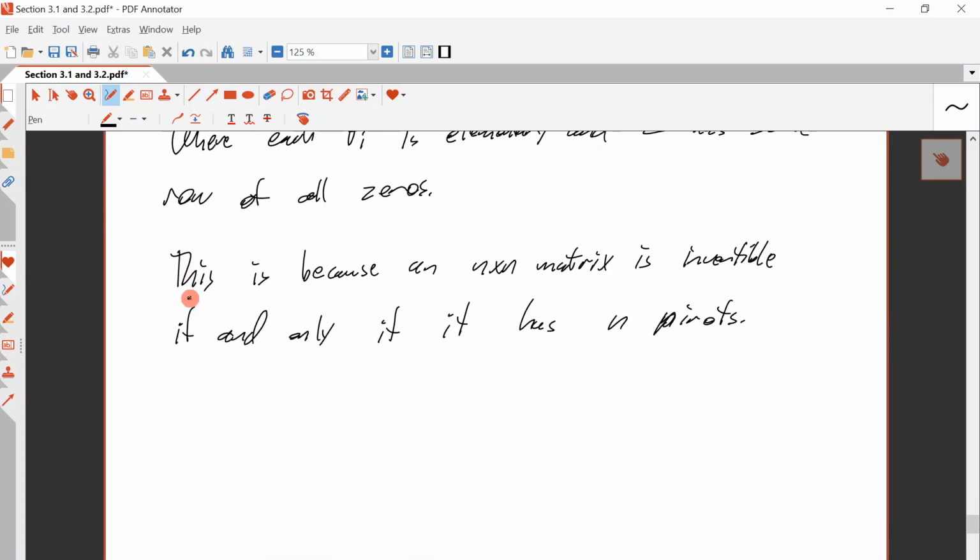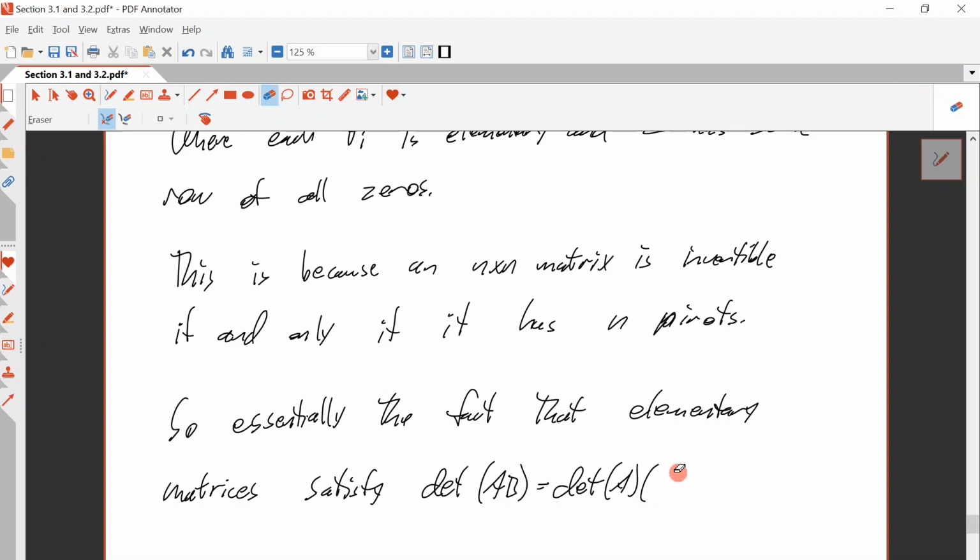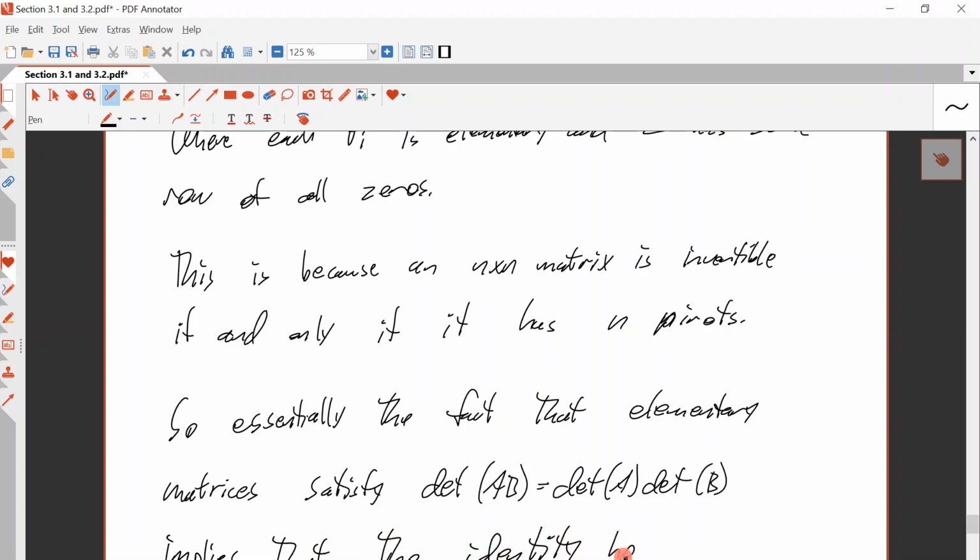So essentially, the fact that elementary matrices satisfy determinant AB equals determinant A times determinant B implies that the identity holds for all matrices.